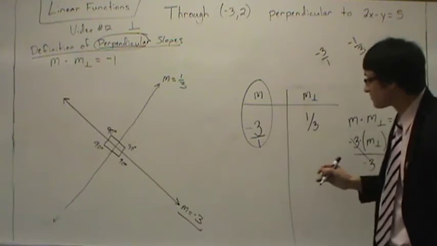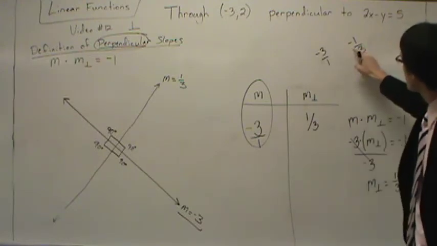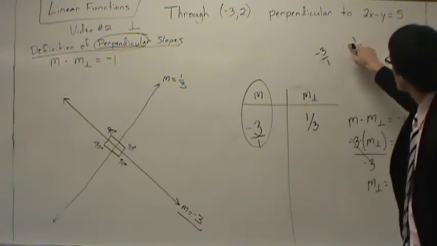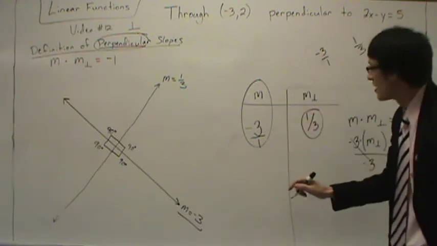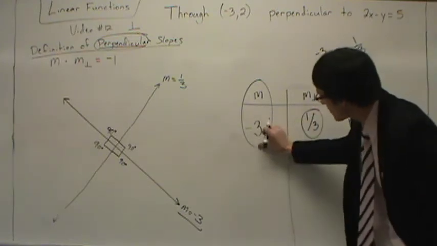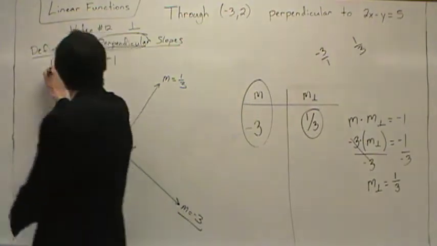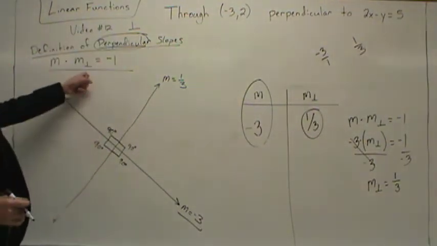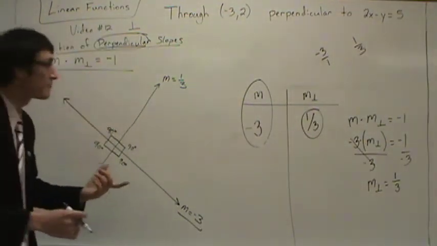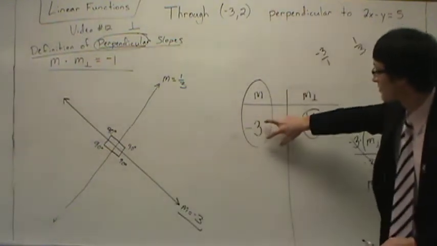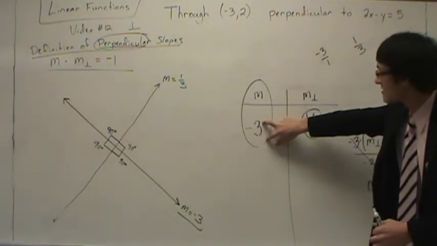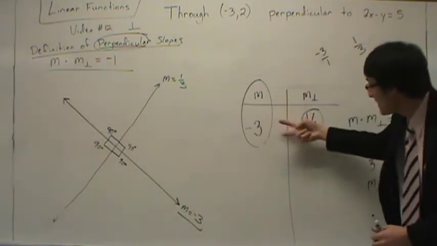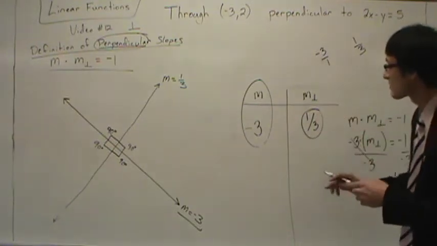Now, if we change the sign of the -1/3, we would end up with what? Positive 1/3. So the trick is this. You do not have to actually use this formula to calculate the slope of the perpendicular line. Instead, what you can do is simply take the original slope, find its reciprocal, or that is, flip it, and change the sign.